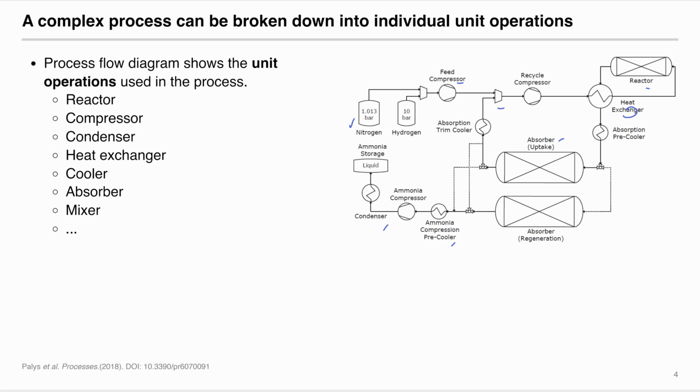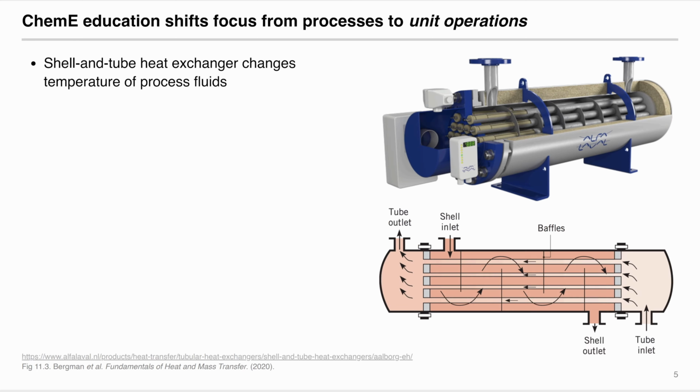For example, we can look into each heat exchanger and find out that very similar processes happen within each heat exchanger. Therefore, chemical engineering education gradually shifts from just designing the overall process into looking inside each unit operation. Shown here is a shell and tube heat exchanger that changes the temperature of the process fluid.